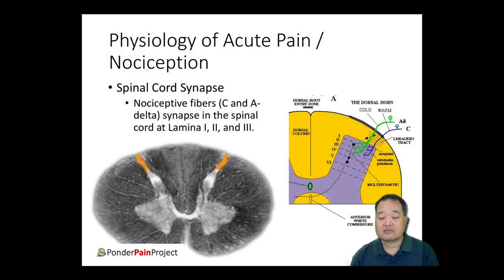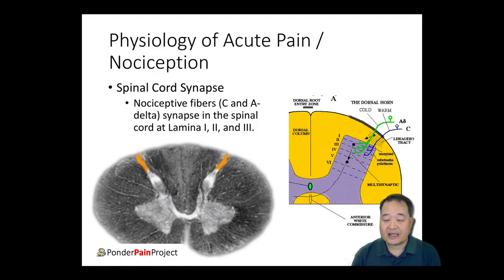The spinal cord itself is categorized by the region in which it's located. This is termed the Rexed lamina. The lamina system tells you where different types of nerves will synapse and then be propagated up through the spinal cord.